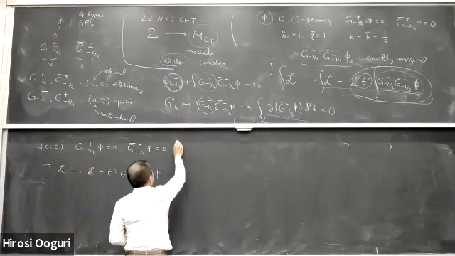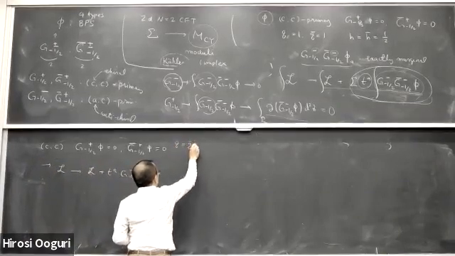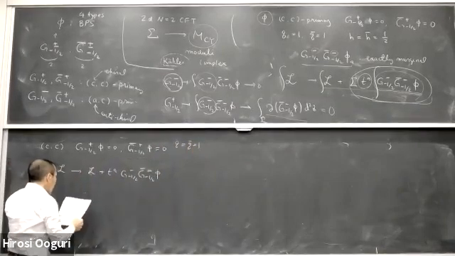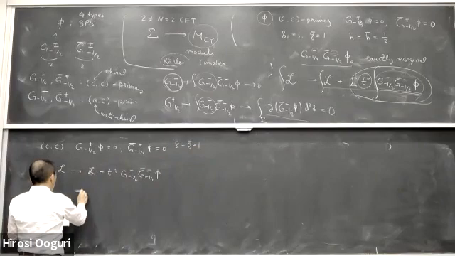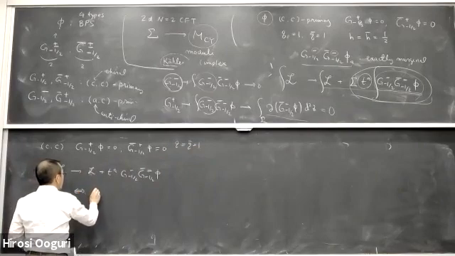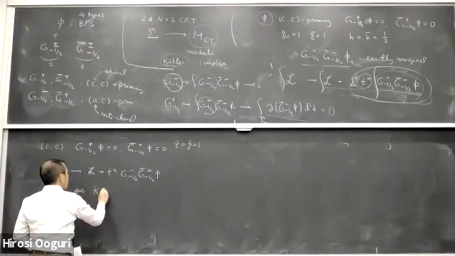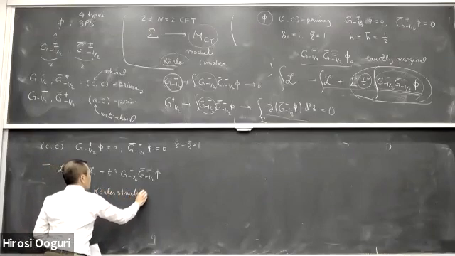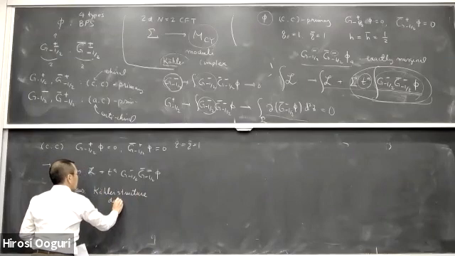And I assume that the Q and Q bar is 1 for these operators. So this actually corresponds one-to-one to deformation of the Kähler structure.